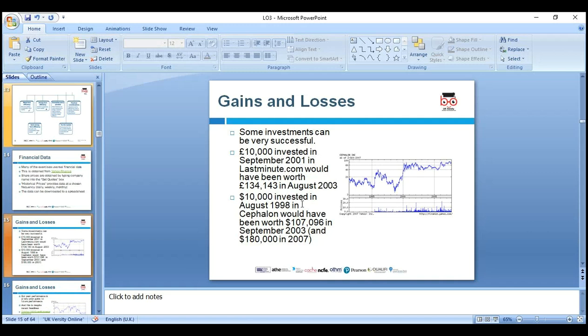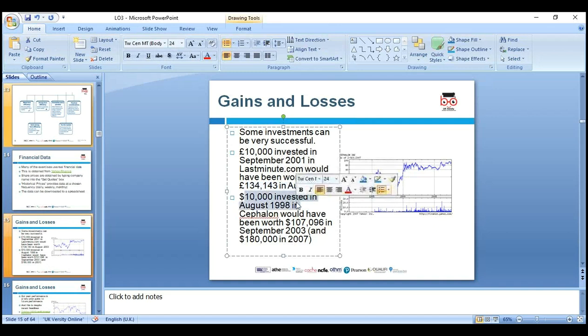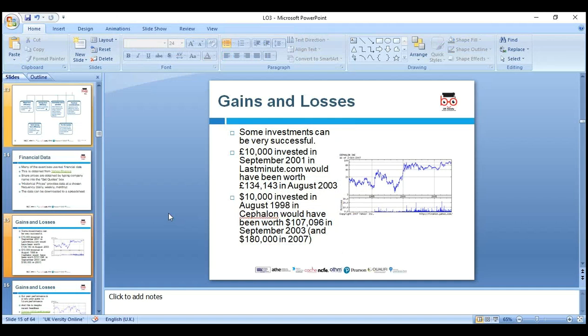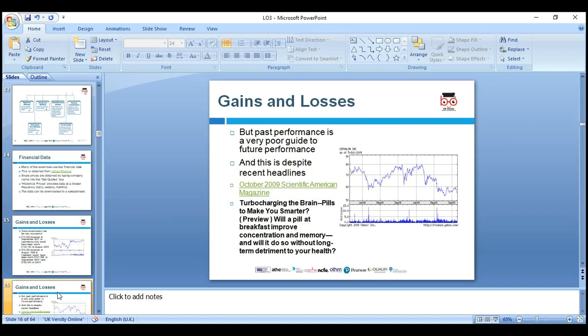Suppose 10,000 invested in September; it's quite an old example I picked, like a website. What happened is it went up and the investment would be worth more from September onward. But we need to look at the present value as well. We ask what you invest, what you get, what happens in the period of time of the cash flow, and what the real value will be. That's why it comes to gains and losses.